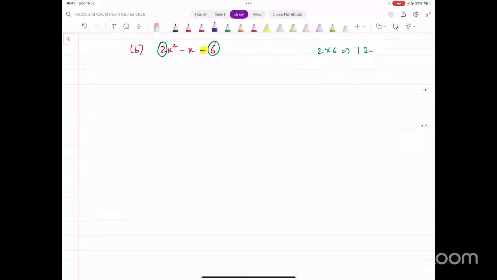So what you want to do now is think of all the factors of 12. Again, we could have 1, 12, we could have 2, 6, we could have 3, 4, right? These are the three sets of numbers that we could have. What's the number in the middle? The number in the middle is minus 1.